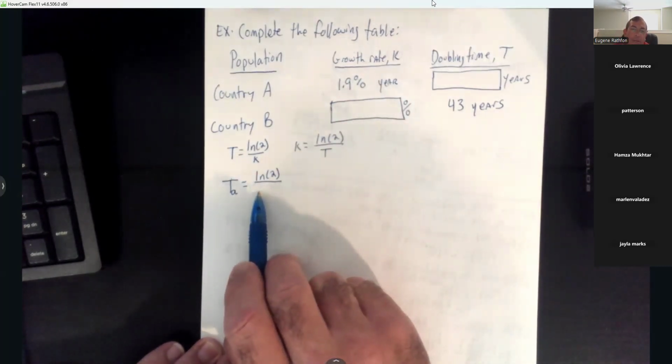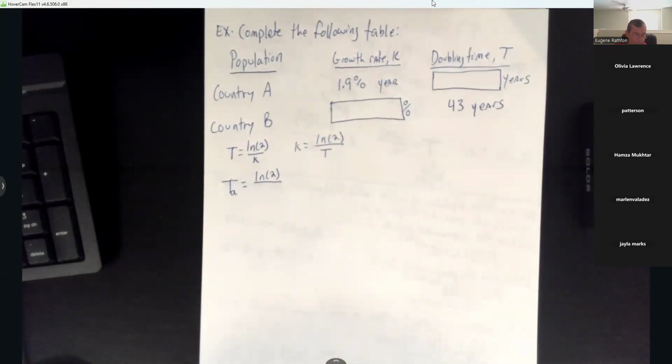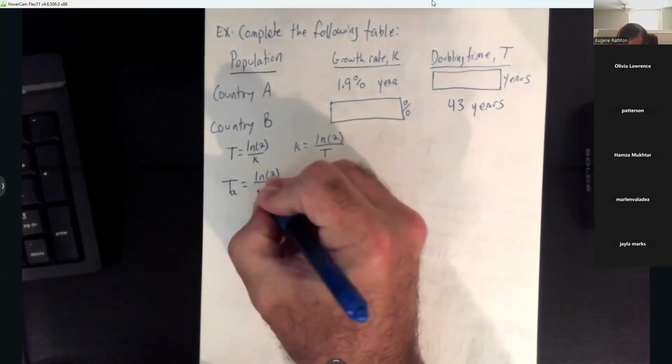What would you put in here for my K? 0.019, perfect.